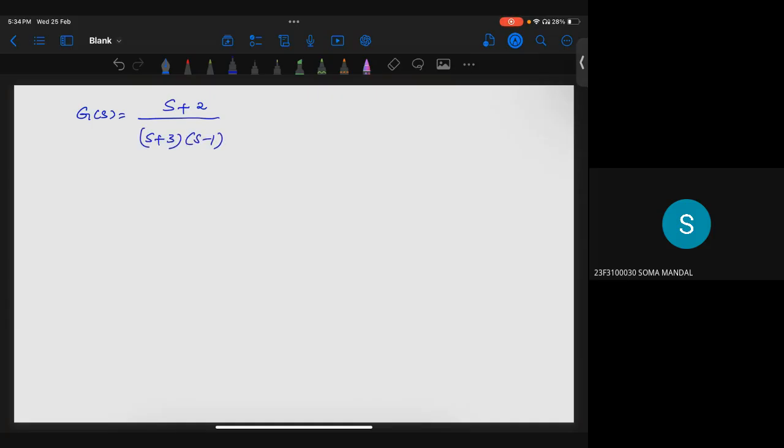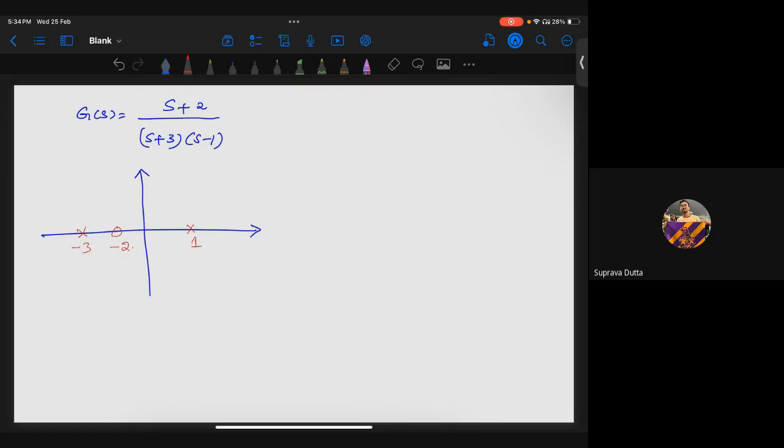Can you tell me the pole locations now? Minus 3 and 1. Okay, and the zero location? Minus 2. Okay, so system stability depends only on the pole locations, not on the zeros.